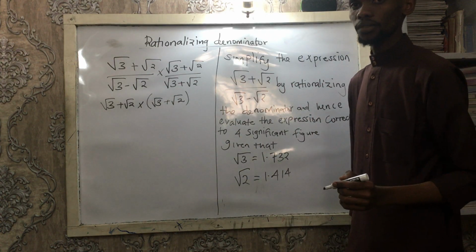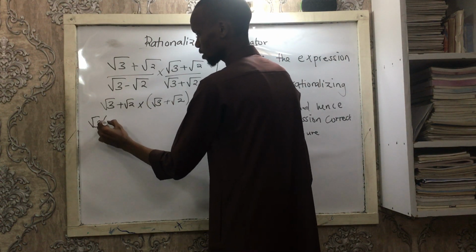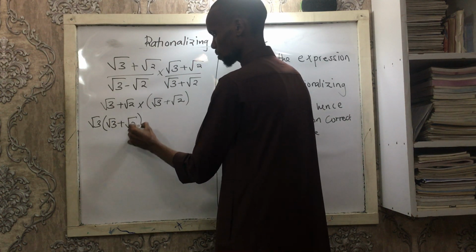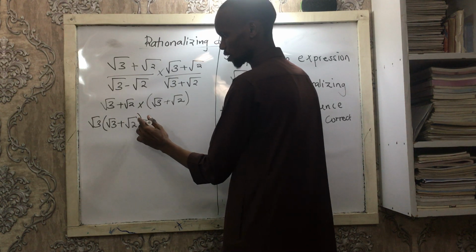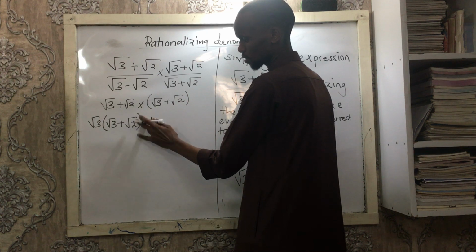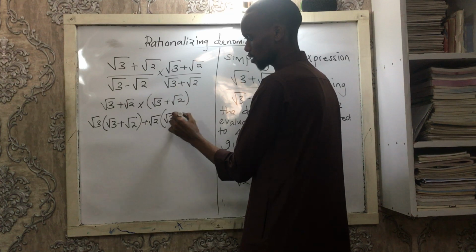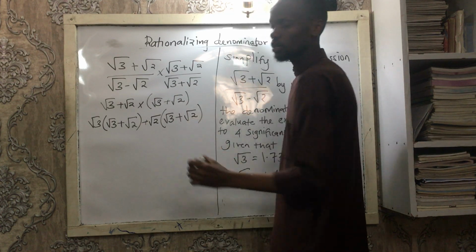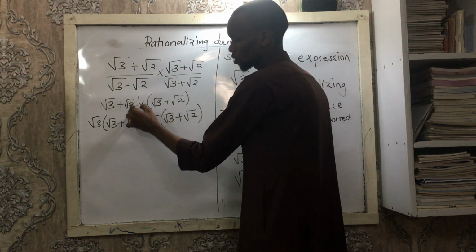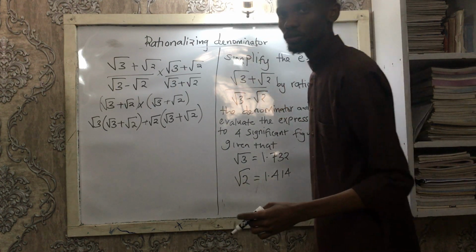The next thing is opening the bracket, right? So we open the bracket, the root of 3 into bracket, the root of 3 plus the root of 2, close bracket, right? And then plus the root of 2 into bracket, the root of 3 plus the root of 2. I'm expanding, or opening the bracket, that is. So the root of 3 times the root of 3 is the root of 3 squared, right?